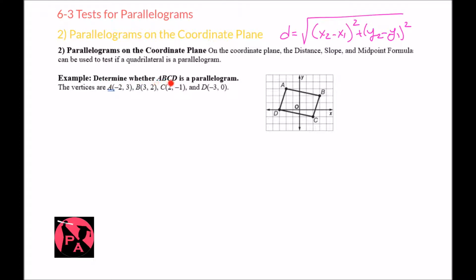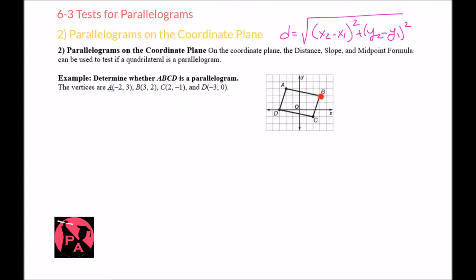So we are going to determine if quadrilateral ABCD is a parallelogram. When we look at it, yes, it looks like a parallelogram, but questions in geometry are not about how it looks. We need to show that it is a parallelogram. So the vertices are given for A, B, C, and point D. So what I'm going to do is use the distance formula and show the opposite sides.